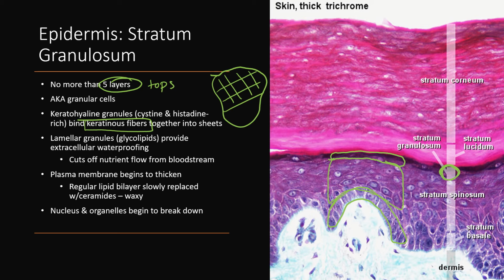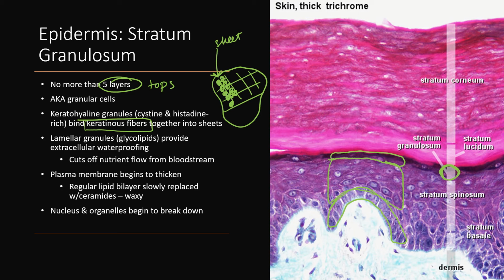Now you're going to make these granules of keratohyalin, and you're going to end up with more like a sheet. You see how these get packed in? You're going to end up with sheets of this molecule. So you're effectively starting to fill this cell with keratin.